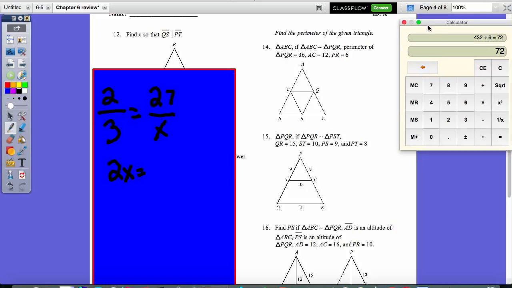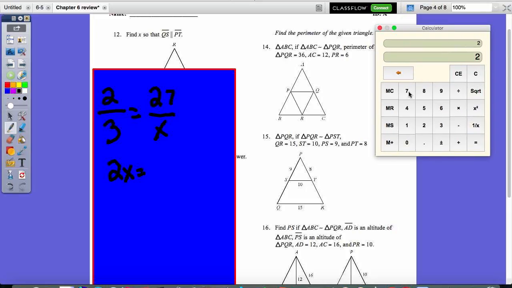So 2 times x is 2x. 27 times 3 is 81. And x equals 40.5. So sometimes you start doing something a long way and realize there is a shorter way to do it.